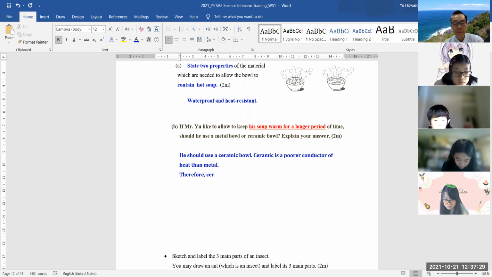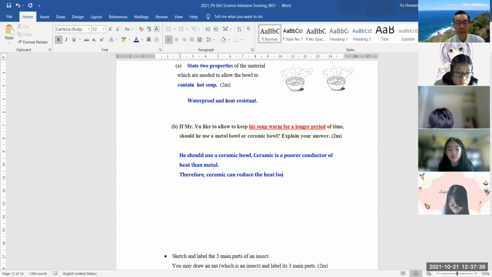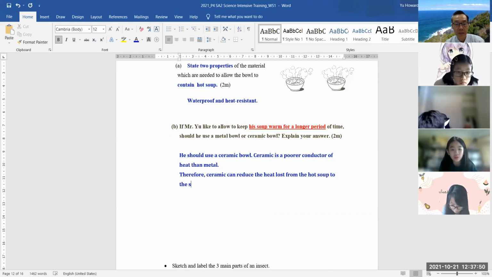therefore ceramic can reduce the heat loss. Yeah, from where? The heat loss from the hot soup to the surrounding.